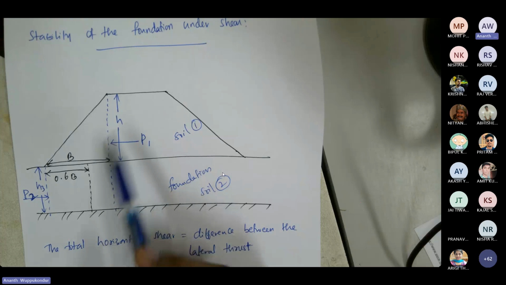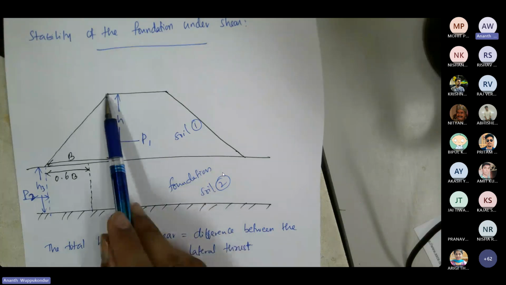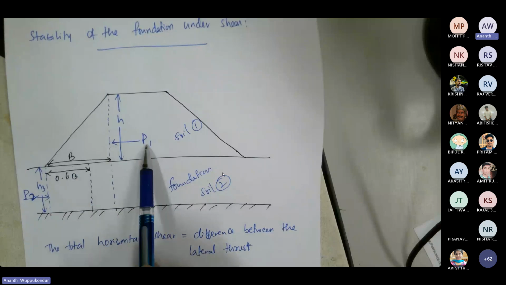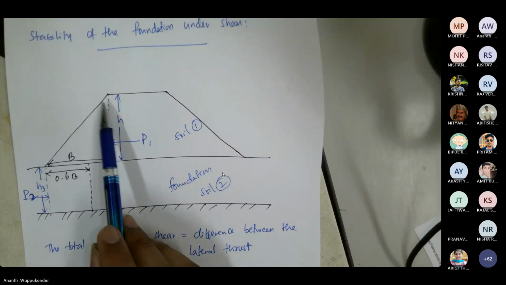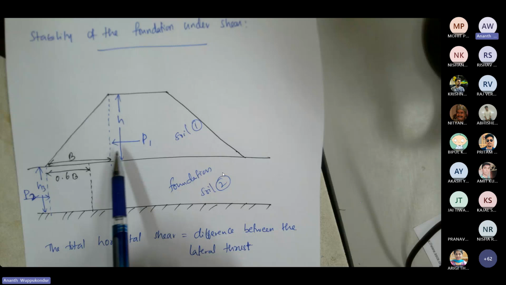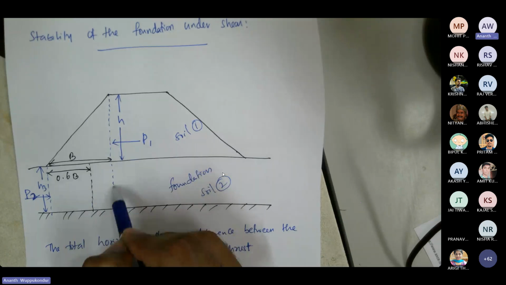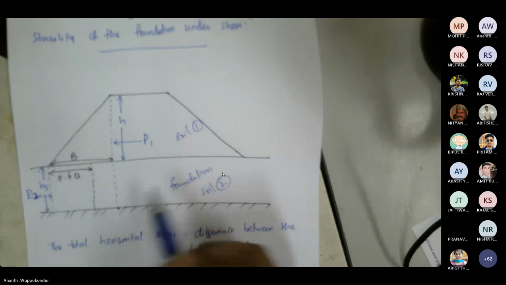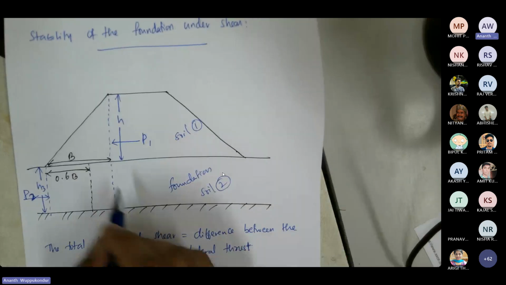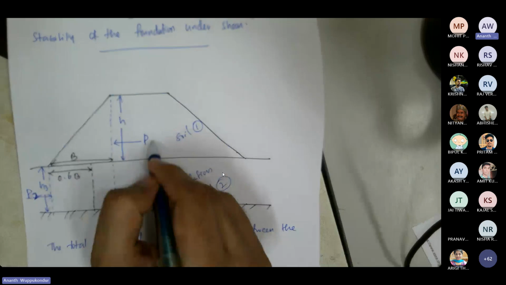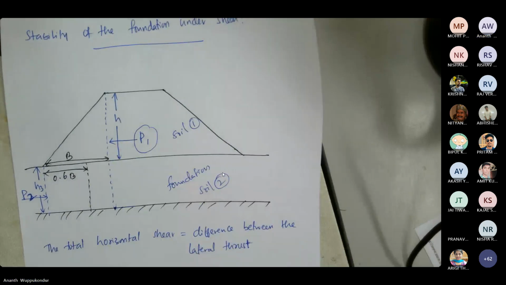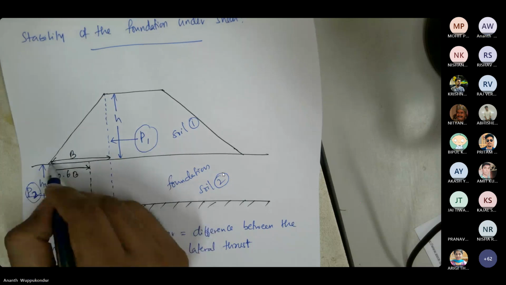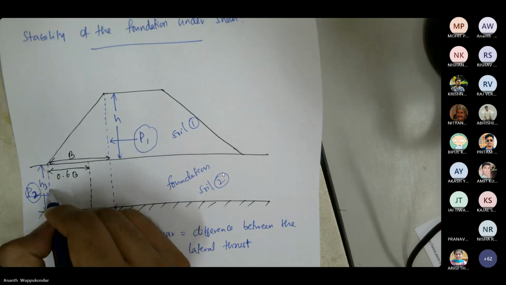So similar to what we did earlier, I'm considering a triangular element on the upstream slope, and I'm saying P1 is the force acting on this triangle, or the force acting on this total vertical line from the top of the embankment to the bottom of the foundation. So on this total face, the force acting is P1. And then on the left hand side, we have P2, which is acting on this face of the foundation.